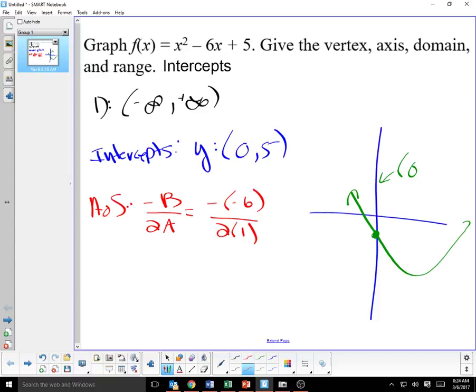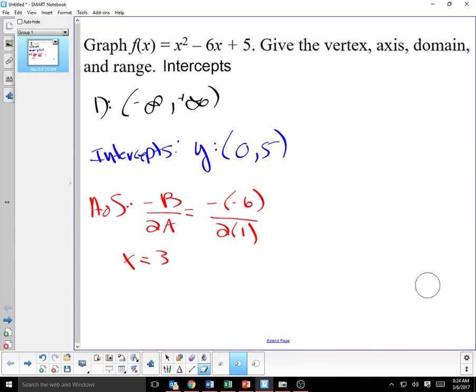Therefore, my axis of symmetry is at x equals 3. So let me get rid of this here, because that's obviously not it. Okay? So here's my axis of symmetry. There's only one axis of symmetry. Now that I have an axis of symmetry, I can go for my vertex. How?